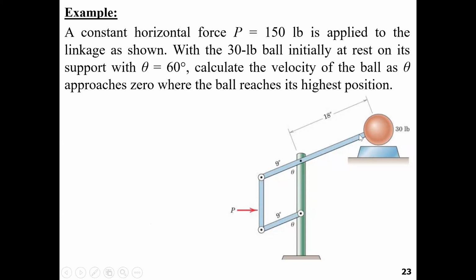When we push this, it is going to rotate going up, and theta becomes smaller. We want to find the velocity of the ball when theta is 0, which means this goes upward completely vertical. The sizes and everything are given. I'm going to give you a minute to draw this.